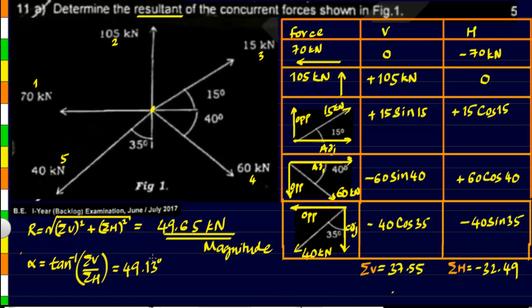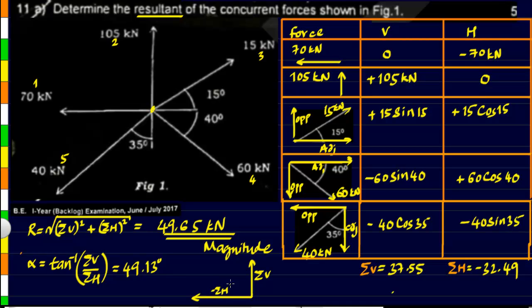Now along with these two, we'll also have to find out in which quadrant the resultant acts. For that we will have to take sigma v and sigma h depending on their directions. Because sigma v is positive, it will be acting upwards. This is sigma v, and sigma h is negative, so it's going to be acting on the left side, minus sigma h.